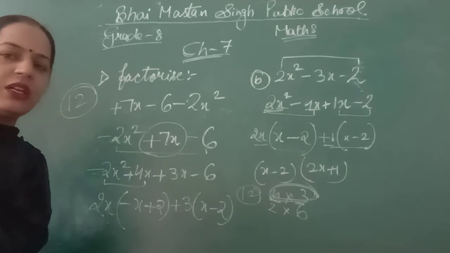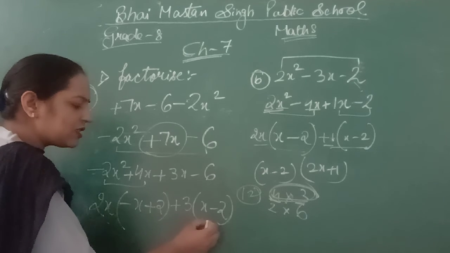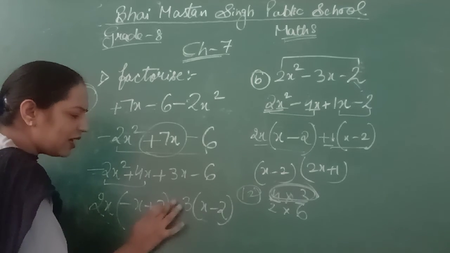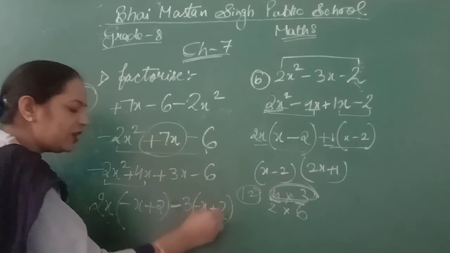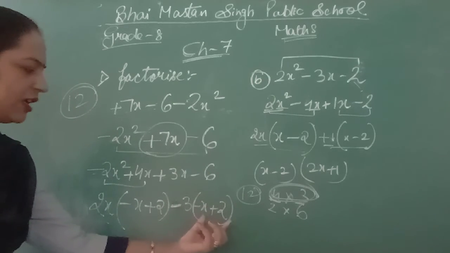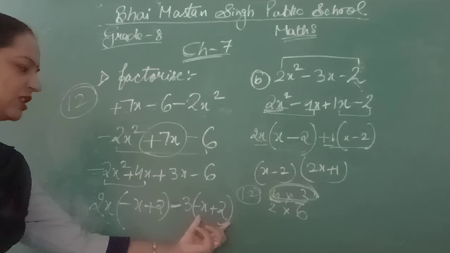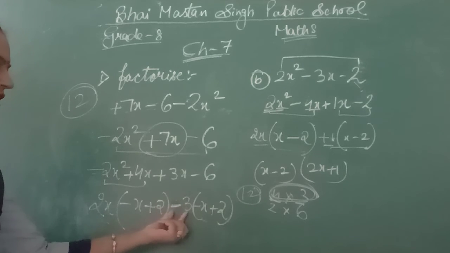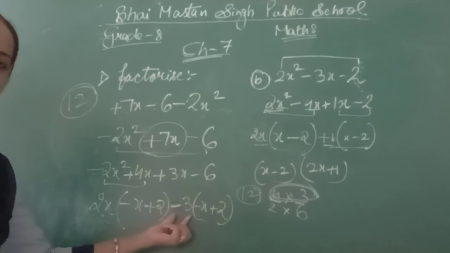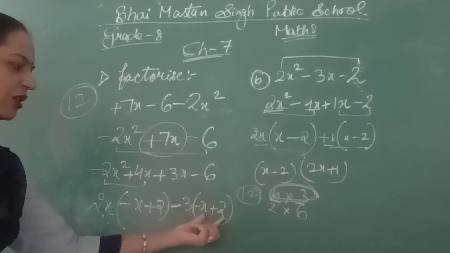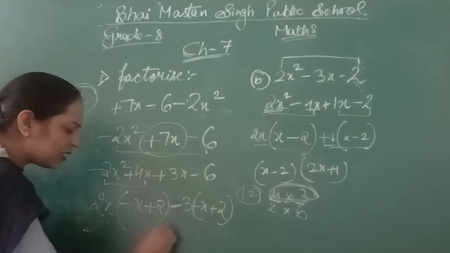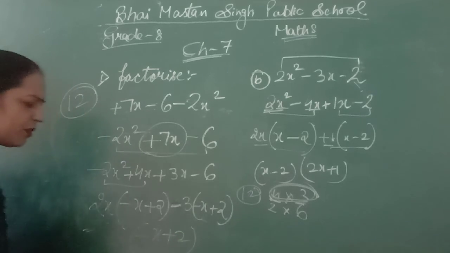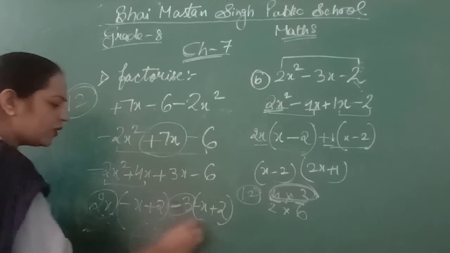To make the bracket sign the same, I will take minus common from these and change the sign, so minus comes with 3 because 3 was plus. So my common bracket is minus x plus 2, and outside is 2x minus 3.